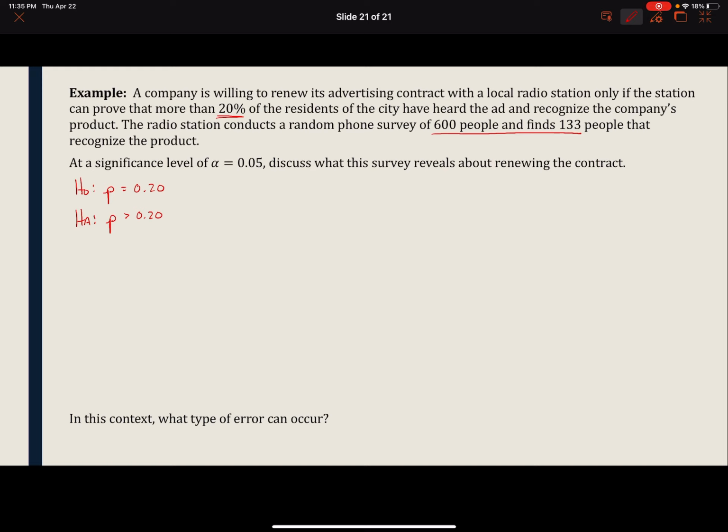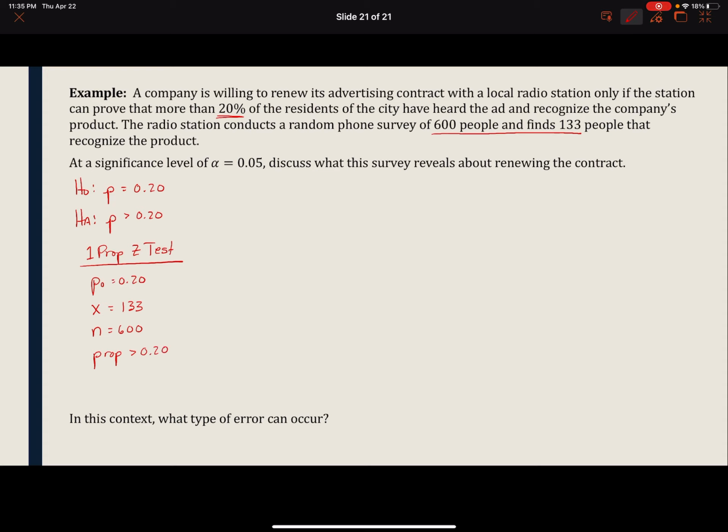So we're going to run a 1 prop Z test. The null proportion is 0.20. The x is the number of successes, that's the 133. The n is 600. And then we want to know if the prop is greater than 0.2.